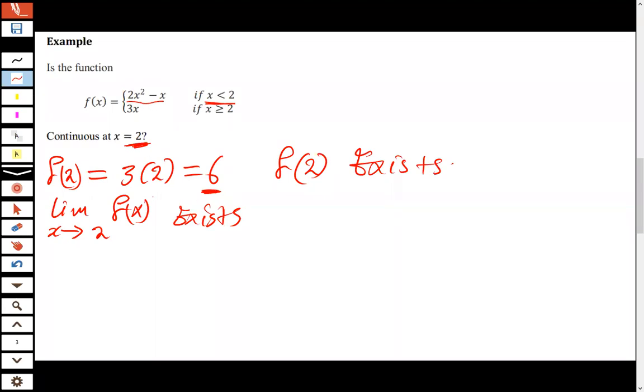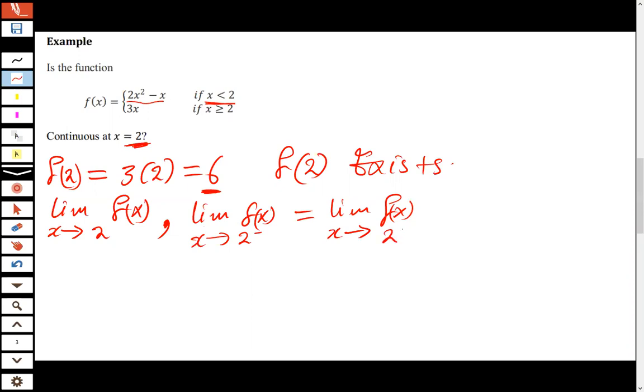Remember what I said, you have to check whether the limit of f of x as x approaches 2 from the left is equal to the limit of f of x as x approaches 2 from the right.